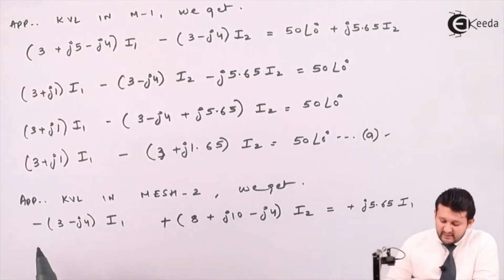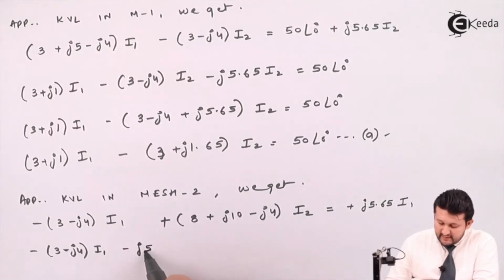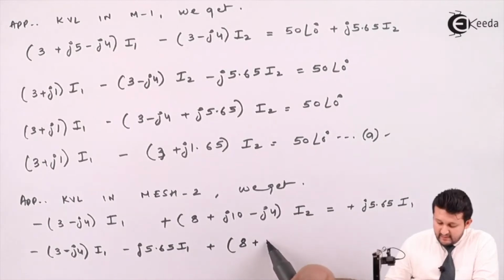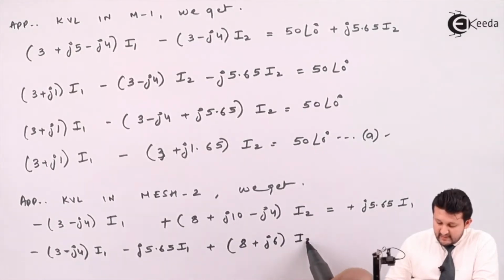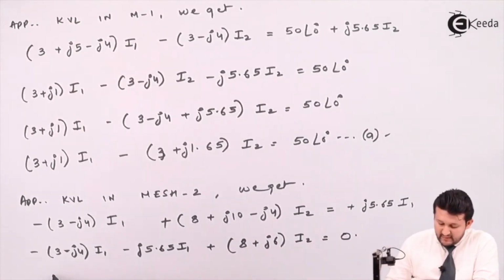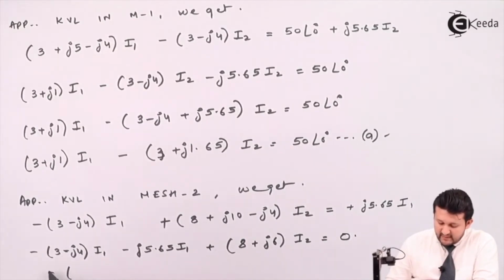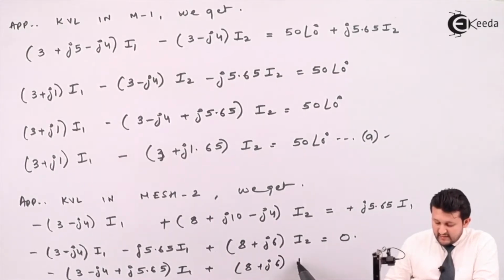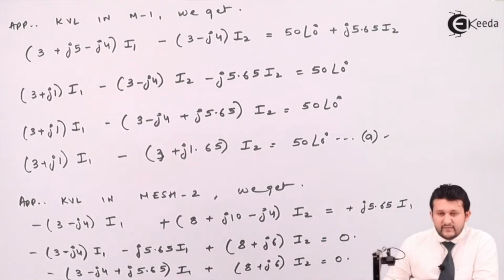So if we shift the variable to this side, your term will be minus (3 minus j4) I1 minus j5.65 I1 plus (8 plus j6) I2 equal to 0. So your term will be minus, since there is negative outside, the sign will change. So this will be (3 minus j4 plus j5.65) I1 plus (8 plus j6) I2 equal to 0.